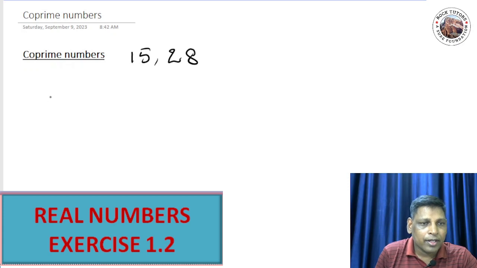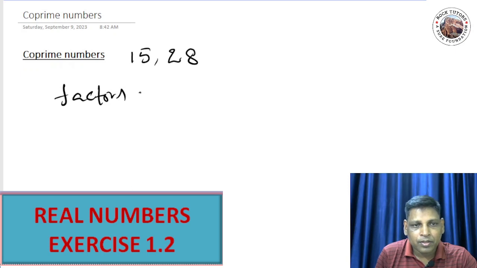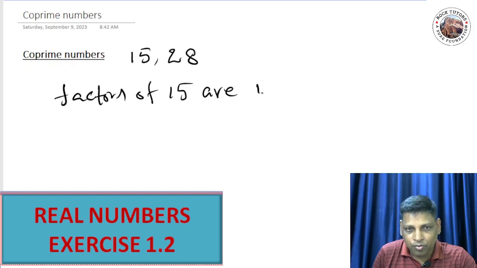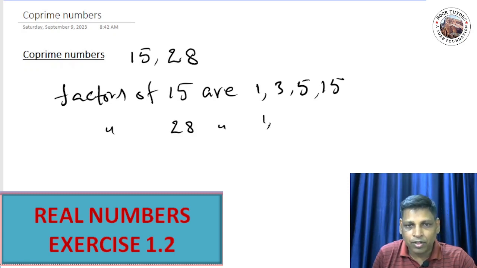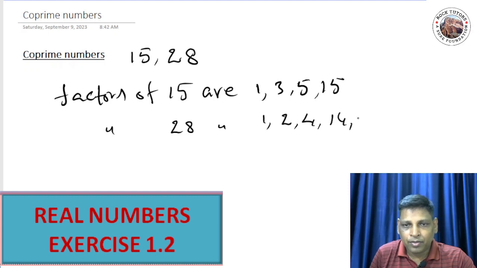I am taking 15, write the factors of 15. Factors of 15 are 1, 3, 5 and 15. Factors of 28 are 1, 2, 4, 7, 14, 28.